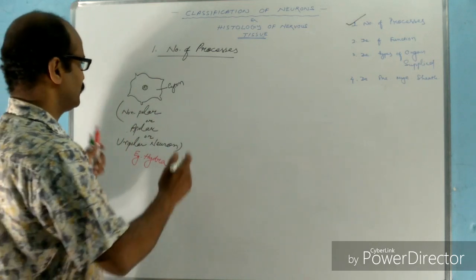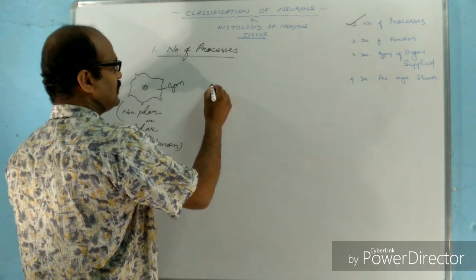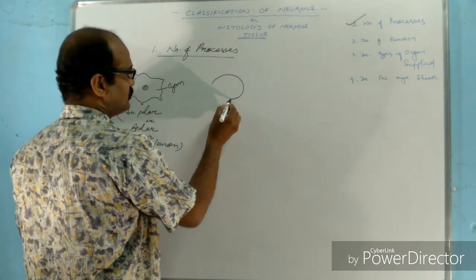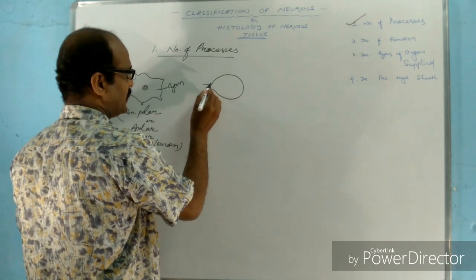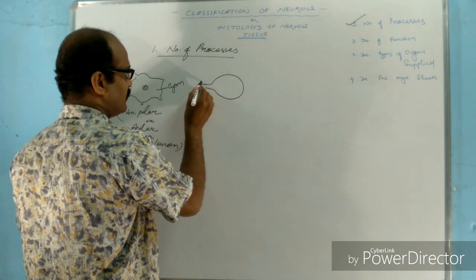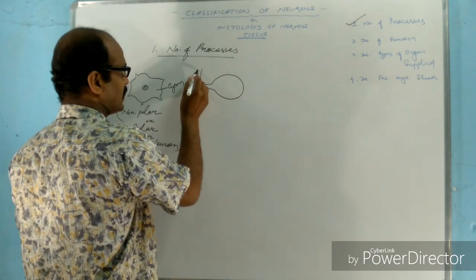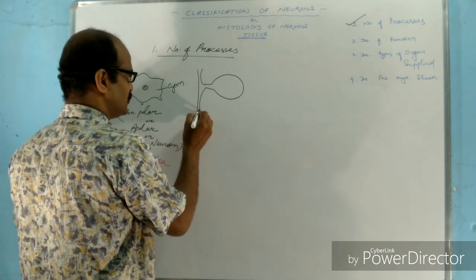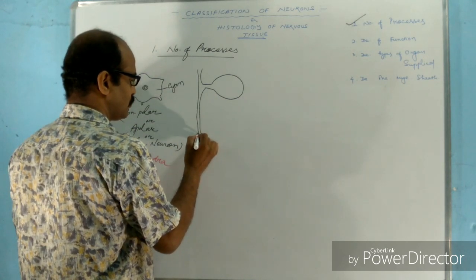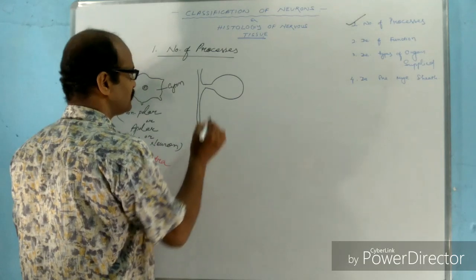And this is another cyton from which a single axon arises, and which divides after running some extent and forms two processes.